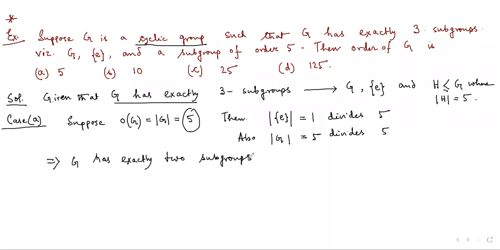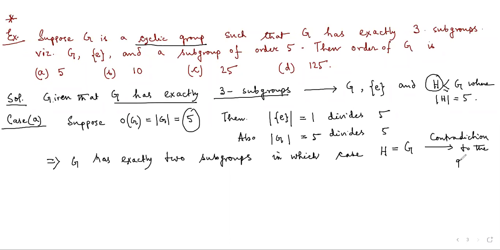Therefore, in which case the subgroup which we have denoted by H is exactly equal to the group itself. But this is a contradiction. Why? Because it is given that G has exactly 3 subgroups. Contradiction to the given condition.